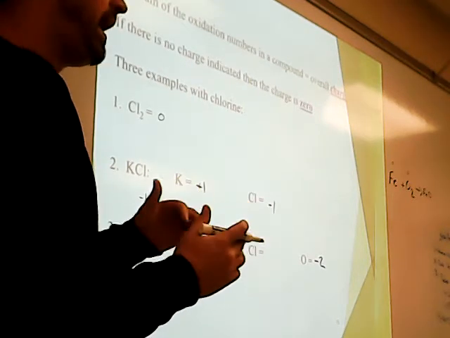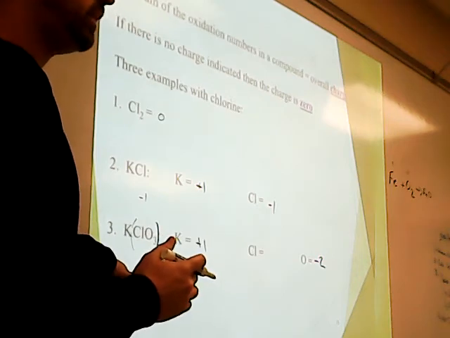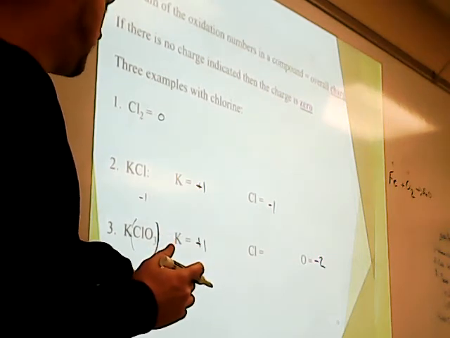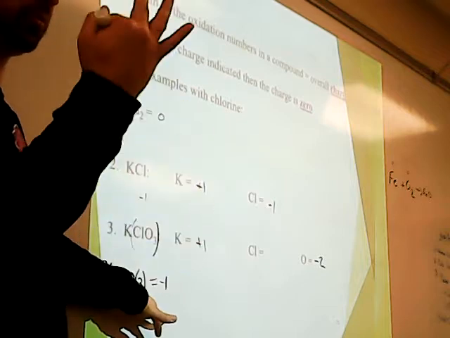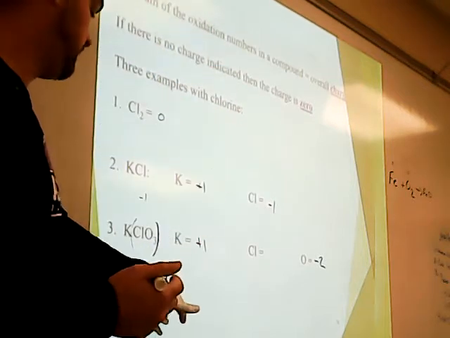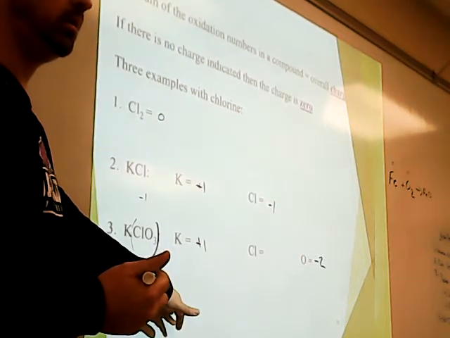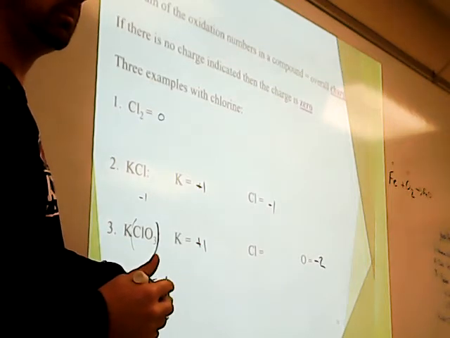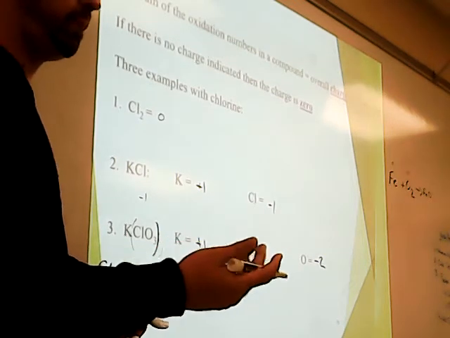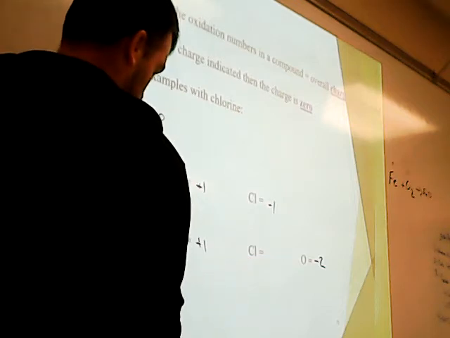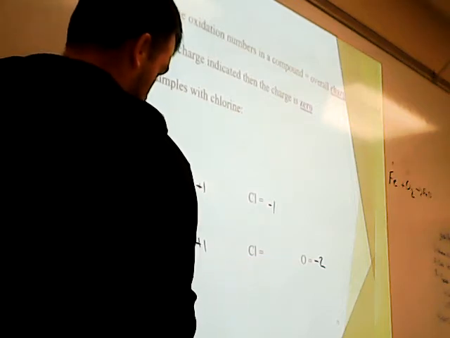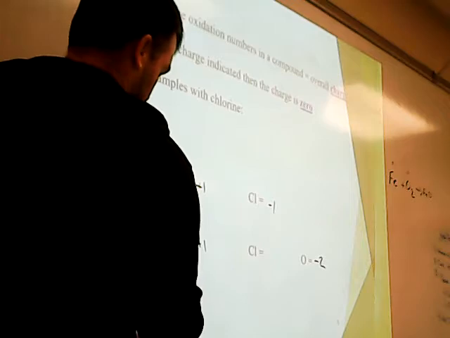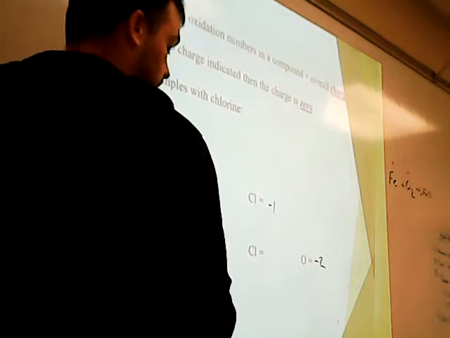Okay? So now what I need to do is figure out what charge I need to put on chlorine when I add it to the charge of oxygen, and there are 3 oxygens, to give me -1. Well, what's the charge of oxygen always? -2, right? So chlorine plus -2 times 3 gives me -1.